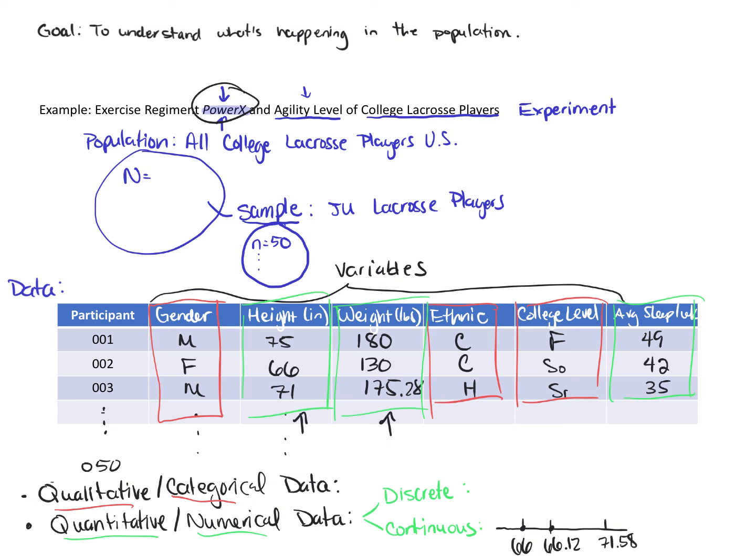And I can get participants who will list their height anywhere on this number line, and it's a continuous number line. So the same thing can be said for weight. So height and weight, we would say, are continuous numerical data. Okay, and average number of sleep would also be continuous numerical data, because even though I've listed whole numbers here, 49, 42, 35, someone could say that maybe they get a lot of sleep, 50.15 hours of sleep per week.